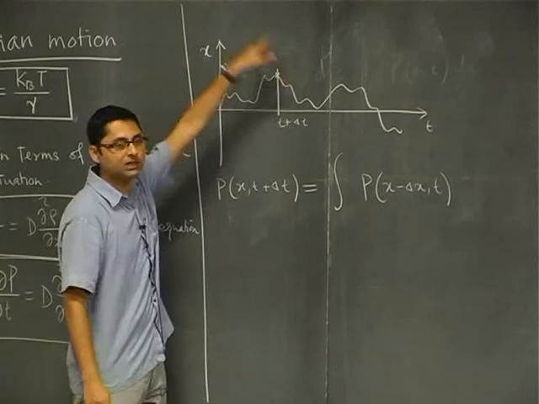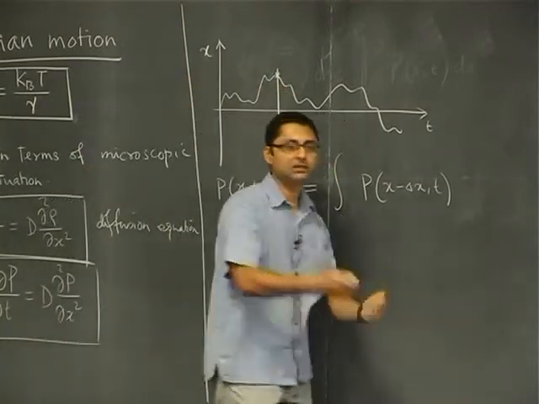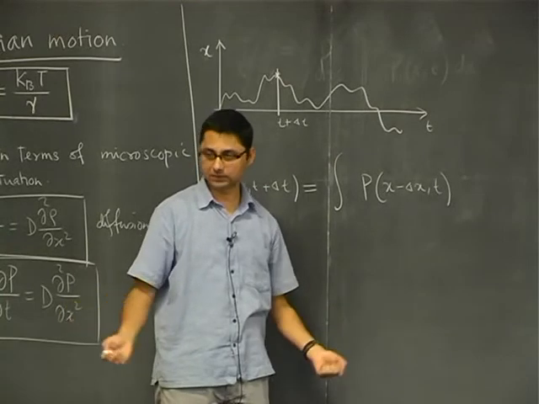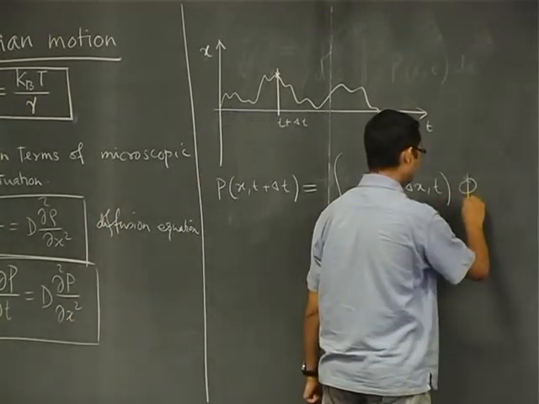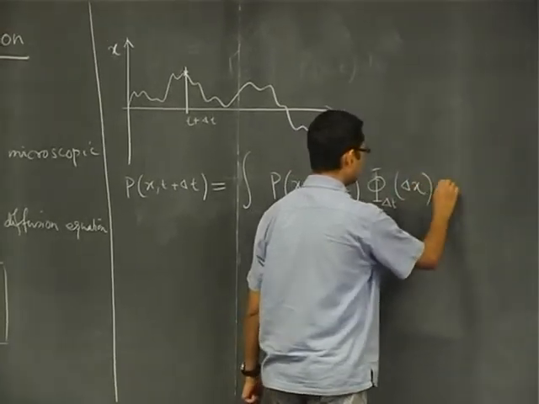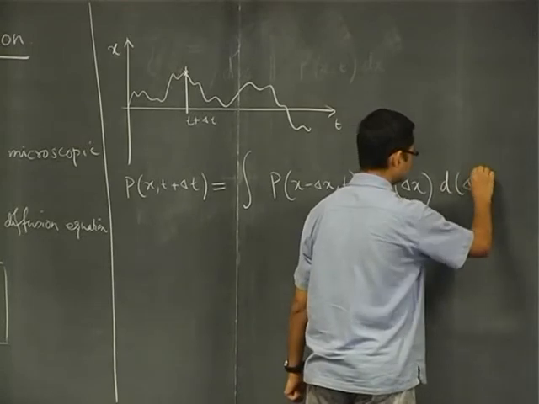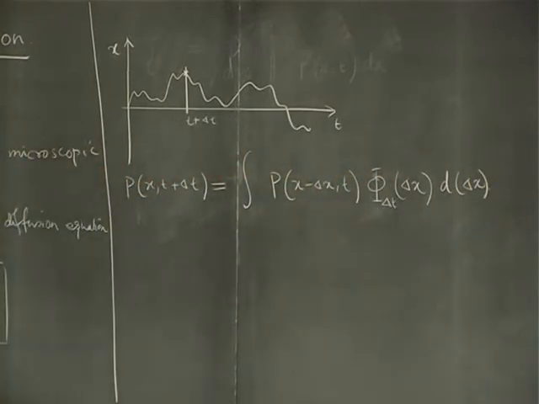Then this delta x can be anything, right. So yesterday it was just the nearest neighbor, but it is a continuous space, it can come from any space. So there is a probability of the jump in delta t of delta x, and then I have to integrate over all delta x, right.